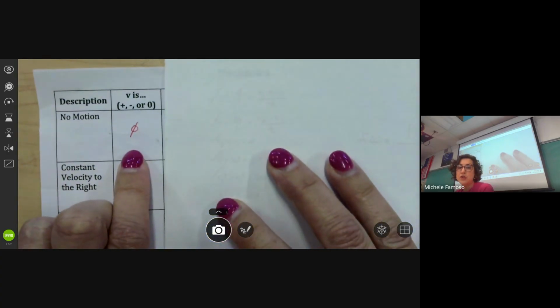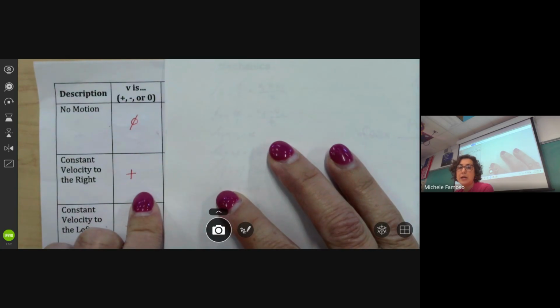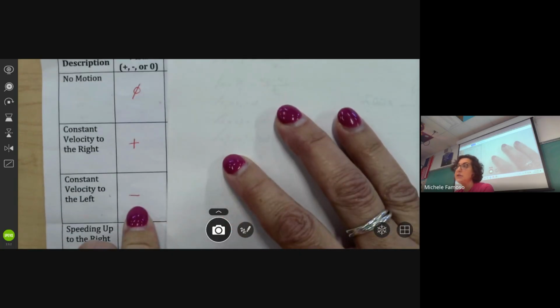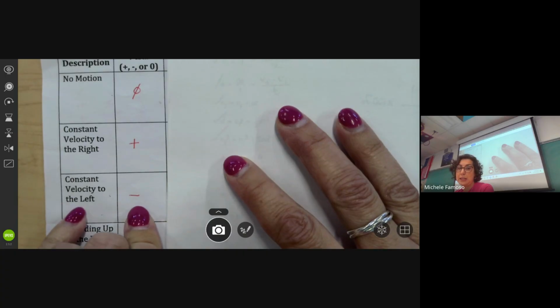All right, let's go to the next page, page 31. I'm going to do one column at a time, okay? So let's start with the velocity column. If you have no motion, it's 0. If you have a constant velocity to the right, the word right means the velocity is positive. If you're traveling with a constant velocity to the left, the word left tells you the velocity is negative.